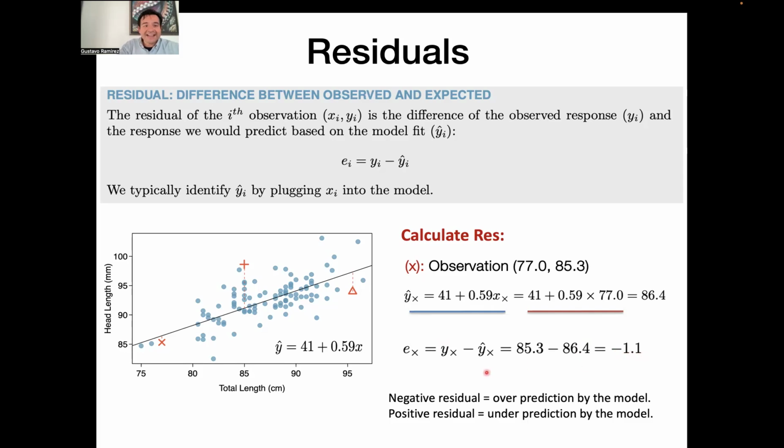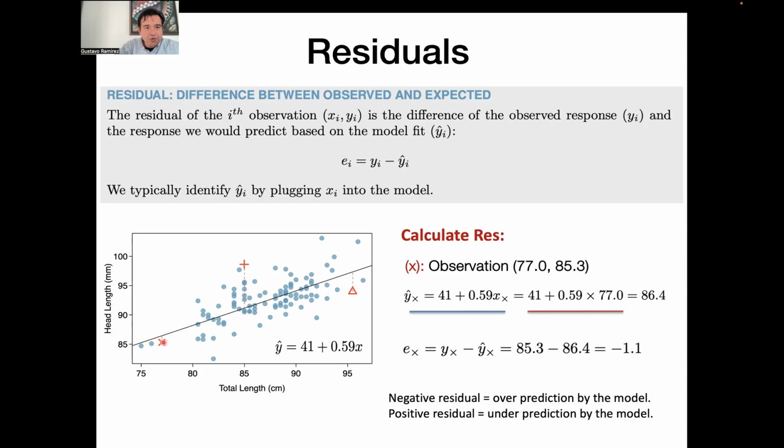So again, a negative residual means that we have an over prediction by the model, and that's exactly what we're seeing here. I'll come back to that in just a second. A positive residual would mean that we have an under prediction by the model. Let's look at what we got here. The model's predicting 86.4 millimeters in head length for an animal whose head we actually measure at 85.3 millimeters, so the model has made an over prediction.